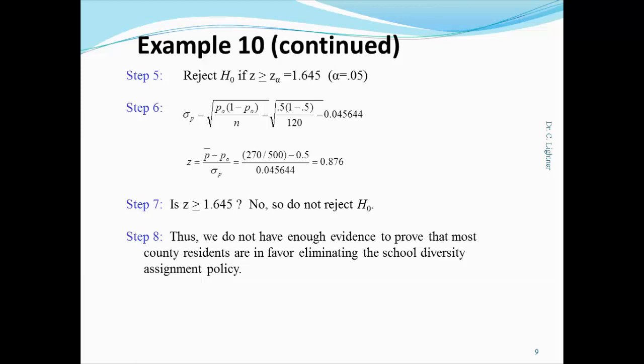Since our test statistic value was equal to 0.876, and this value is not greater than or equal to 1.645, we should not reject H0. Recall that since we cannot reject H0, this means that we do not have enough information to prove that the alternative is true. Therefore, we do not have enough evidence to prove that most county residents are in favor of eliminating the school diversity assignment policy.